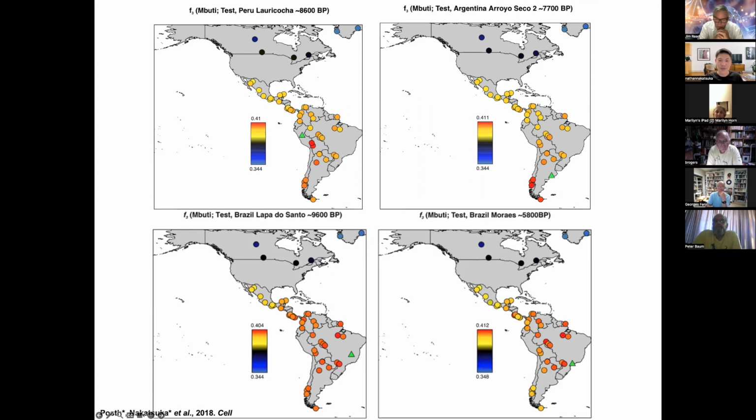There are some places where there's more spread out ancestry, such as in this Brazilian individual on the left, Brazil Lapa do Santo. It's more of a spread ancestry throughout the area, meaning that basically all the South American groups have about the same genetic ancestry as that individual.